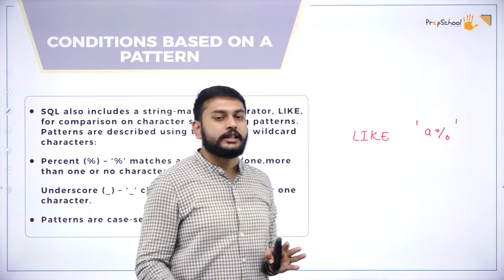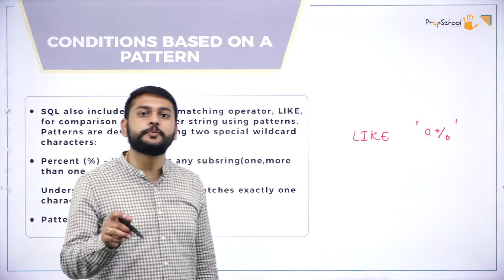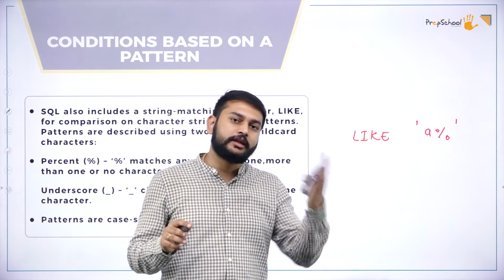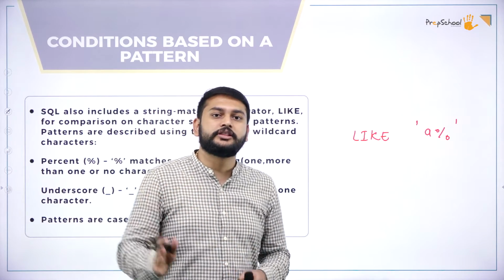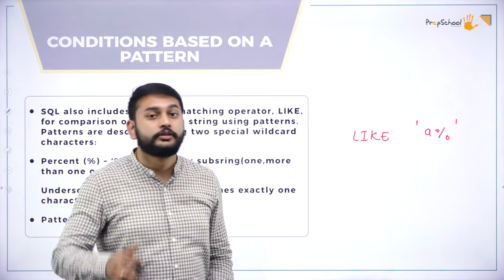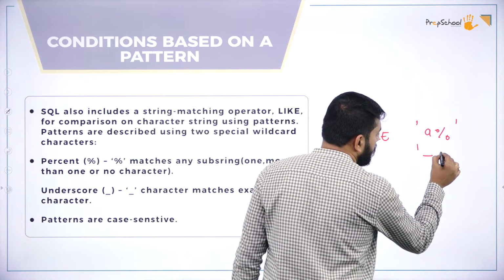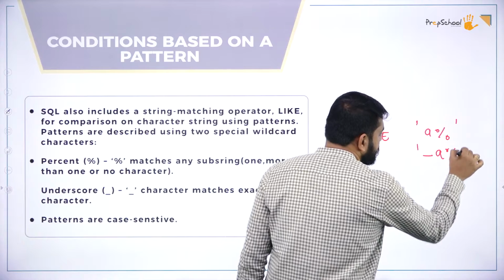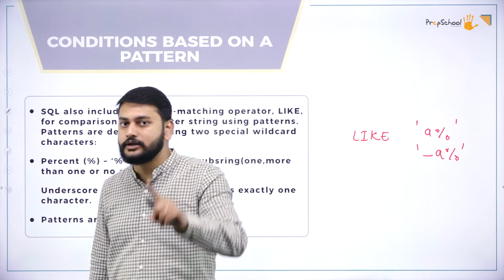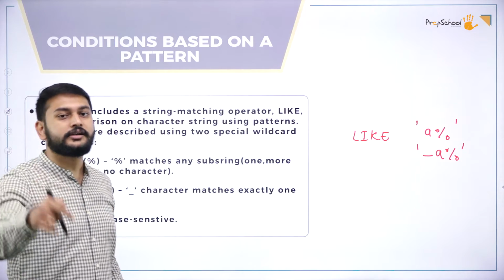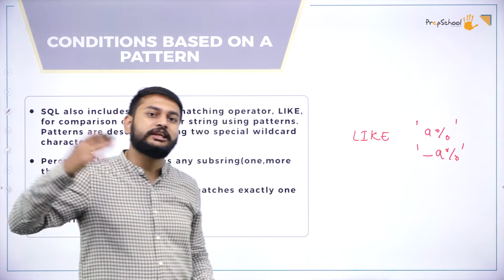Suppose I want the second character to be A. The first character can be anything, and from the third character onward it can be anything, but the second character should be A. Then how do I retrieve? I will use underscore A percentage. Underscore will be treated as one character. Suppose I want the third character to be A. The first two characters can be anything, and the rest can be anything.